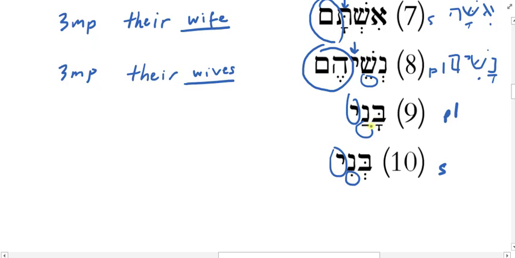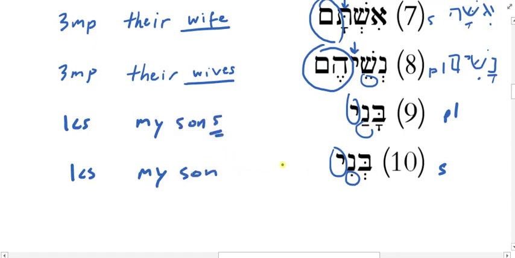What's the lexical form of these two words? Ben. So we're talking about sons, right? Or a son. How do I translate the yod pronominal suffix? Either way, it's "my." Now is banai my son or sons? My sons, plural. Bani, my son.